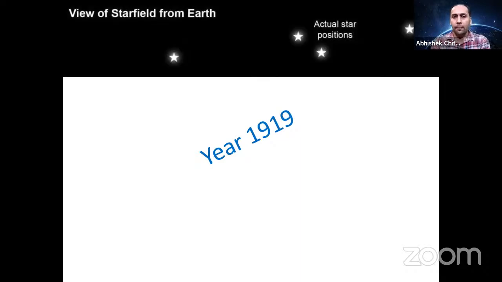So what he did first, on a particular day, was take a photo of stars. This is not the real photo, this is a graphic. He noted down the positions of different stars in the sky. He selected a particular region where the next solar eclipse was going to happen, took a few photographs there, and waited for the solar eclipse.